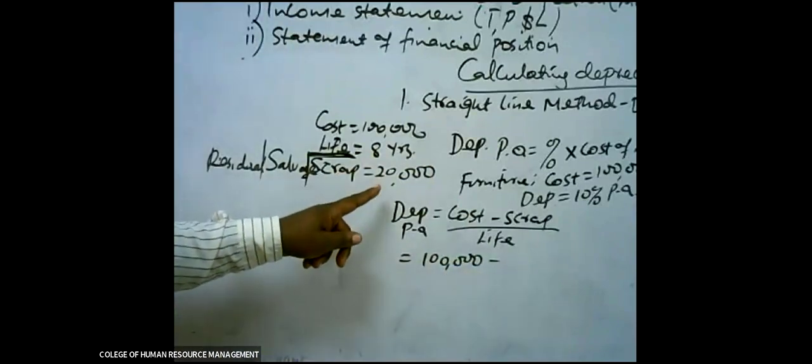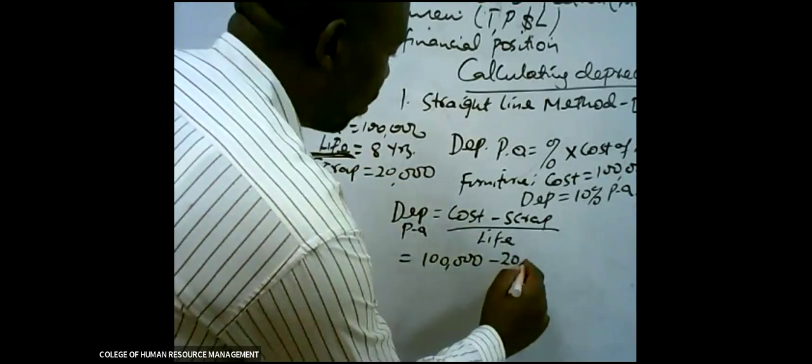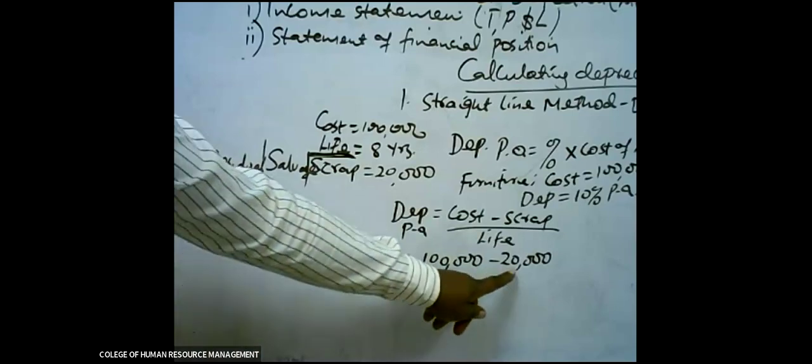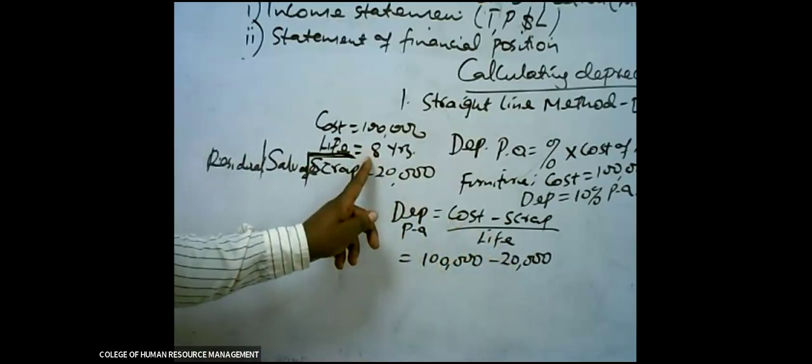So maybe we are given the scrap value, in this case 20,000. The question is, how much does this asset depreciate per annum? It will be equal to the cost. Remember, we bought it for 100,000. After serving us for 8 years, it will maybe be 20,000. This is the cost, and this is the remaining value after 8 years.